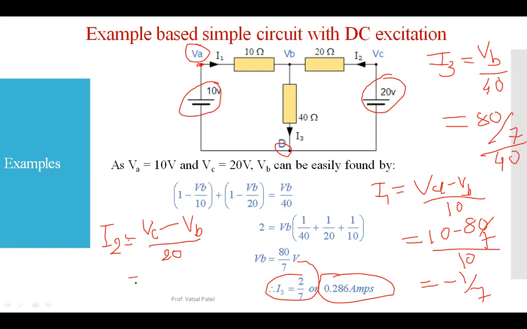So it is 20 minus 80 by 7, divided by 20. So how much is it? It is 3 by 7.